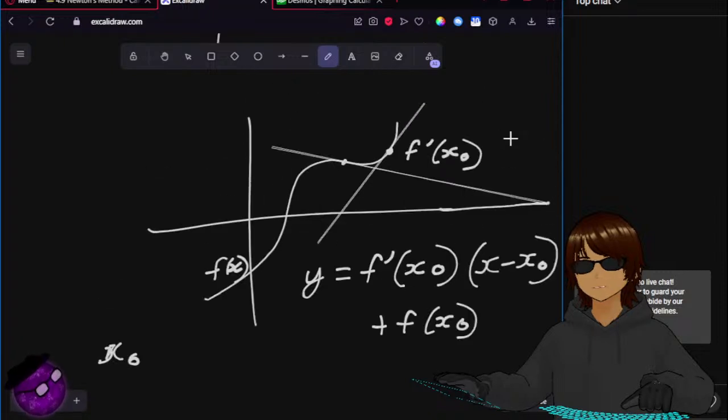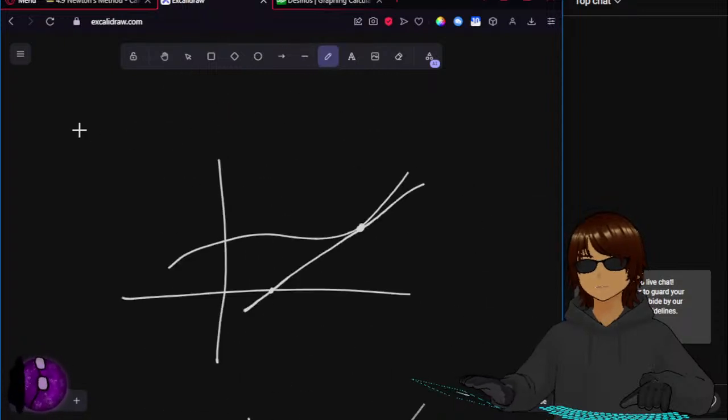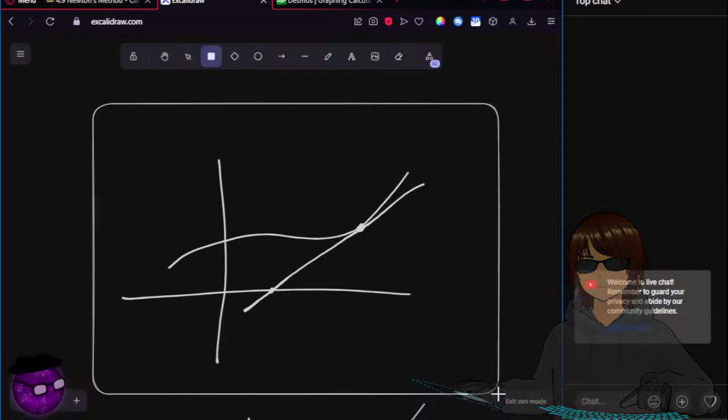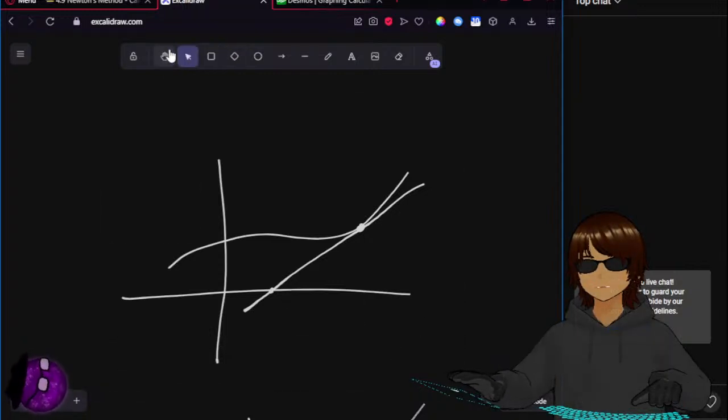I guess that makes sense because let me pick another graph.